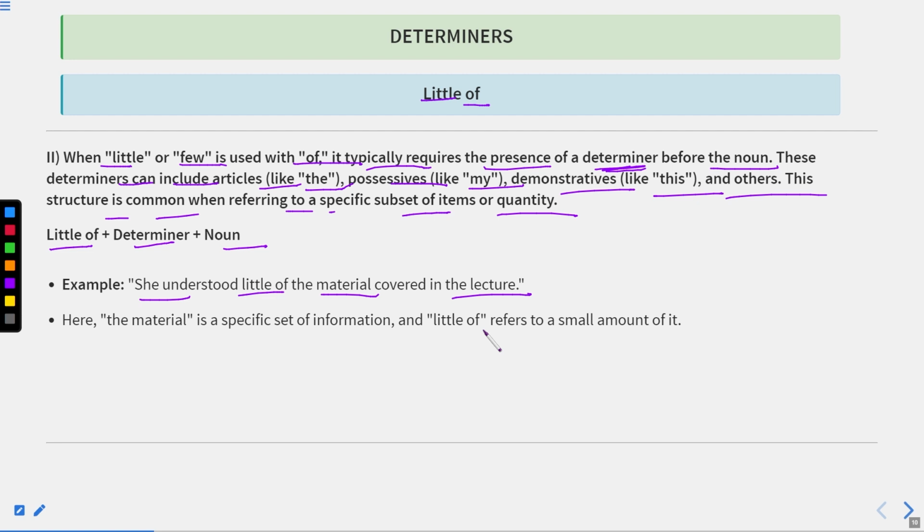So she understood will be the positive part over here. We cannot use double negatives together, because few and little, both of these are negative words. So we should keep this in mind while using these two words in our speech.